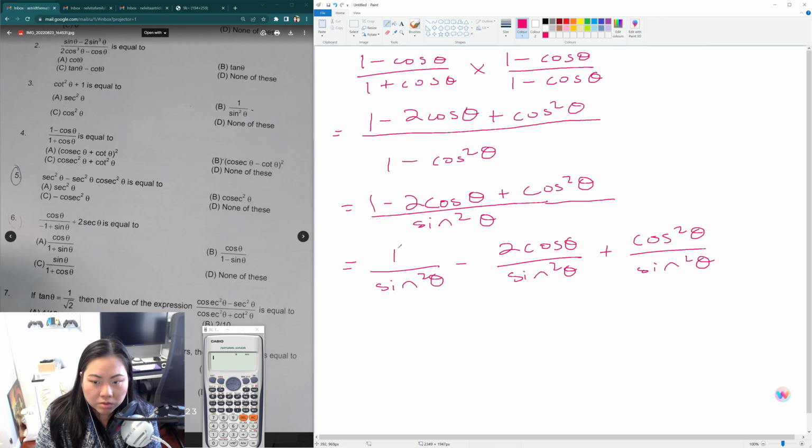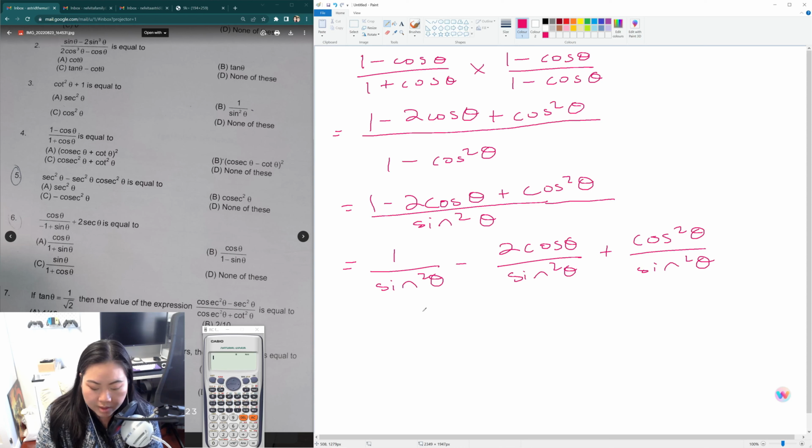And then if you just do 1 minus 2 cos theta plus cos squared theta, you're going to have the line above. Therefore, these two lines are the same. They're equal. That's why we have an equal sign. We're saying that nothing has changed. We're just writing them differently.